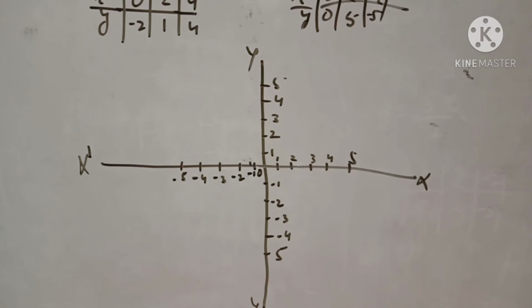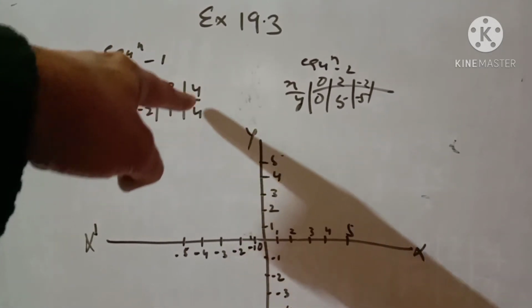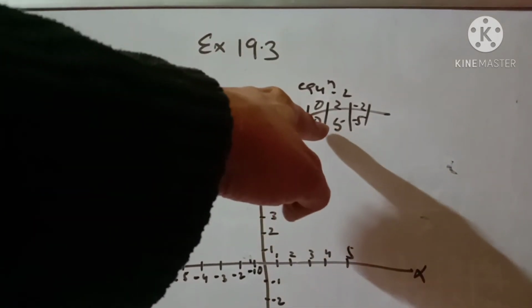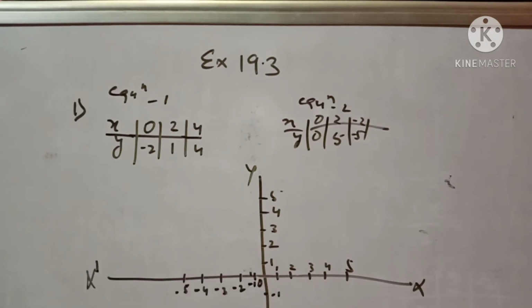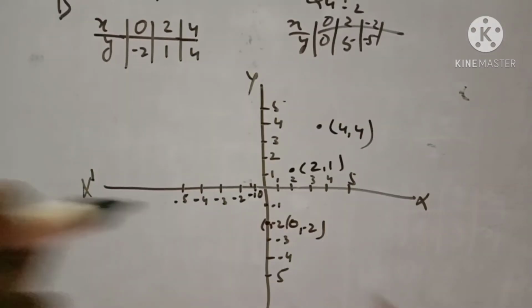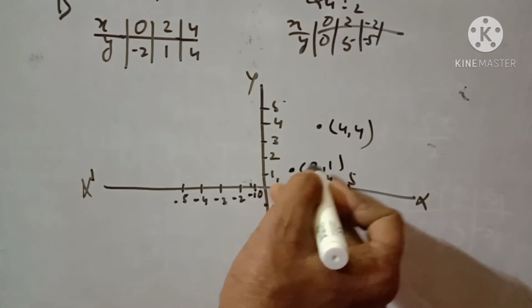Now whatever values have come, we have to put them. For equation 1: x equal to 0, y equal to minus 2; then 2 and 1; then 4 and 4. For equation 2: 0 and 0, 2 and 5, minus 2 and minus 5. First, x is 0 and y is minus 2, so 0 and minus 2, then 2 and 1.